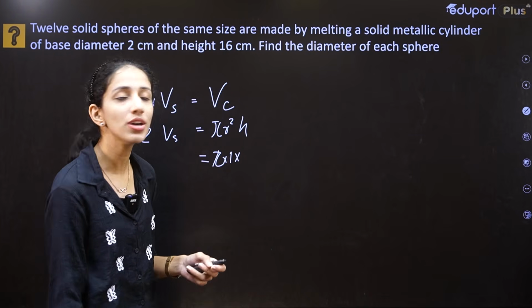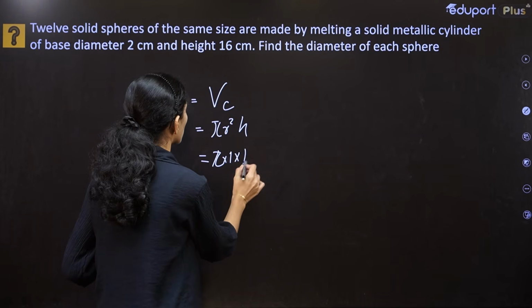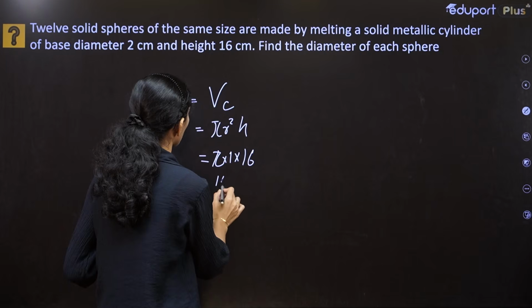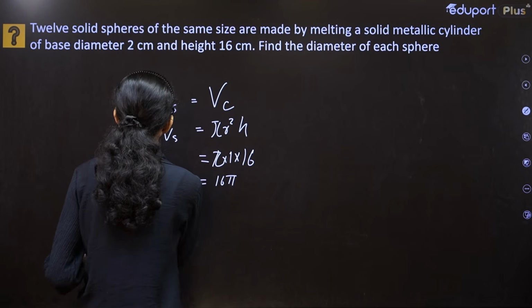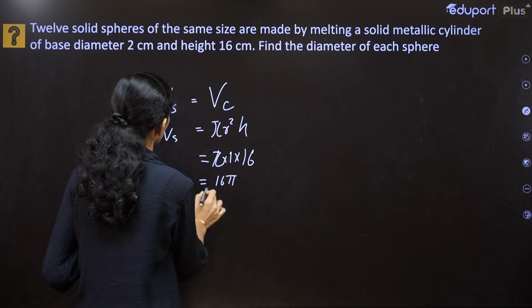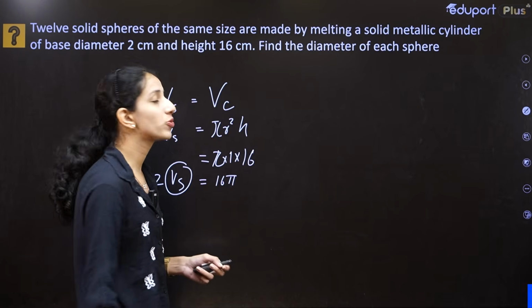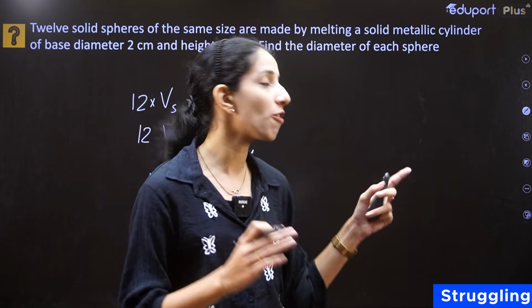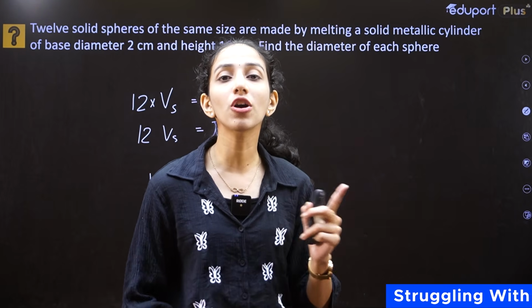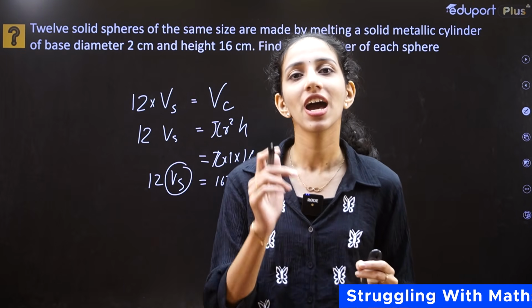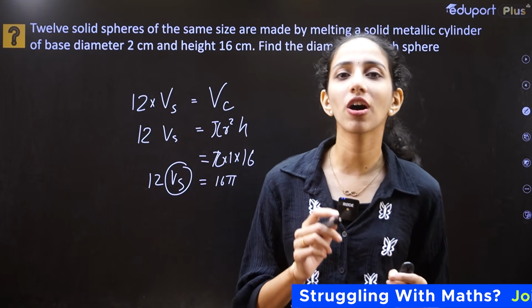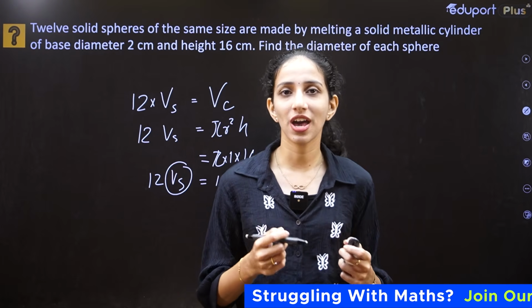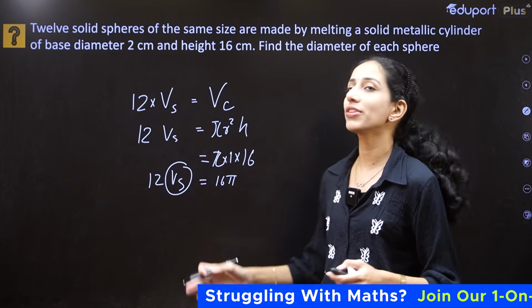Height is equal to 16 centimeter. So 16 pi. Then 12 into volume of each sphere is equal to 16 pi. Then find the volume of each sphere. If you get the volume of each sphere, it is easy to find the diameter of each sphere. Okay, so that's all about this problem.